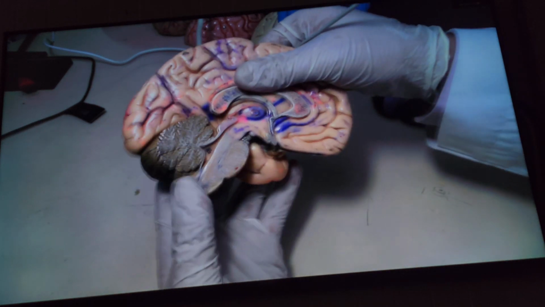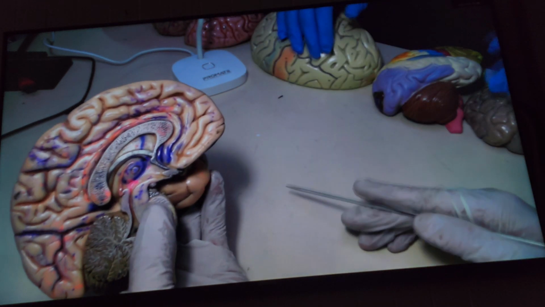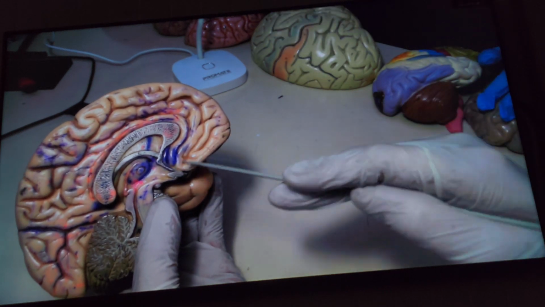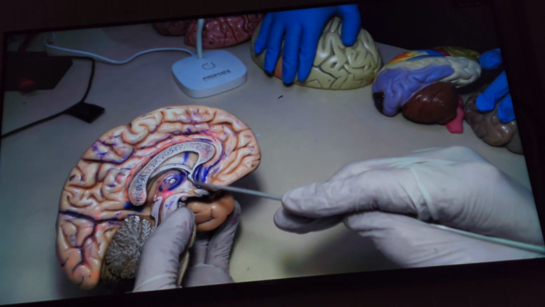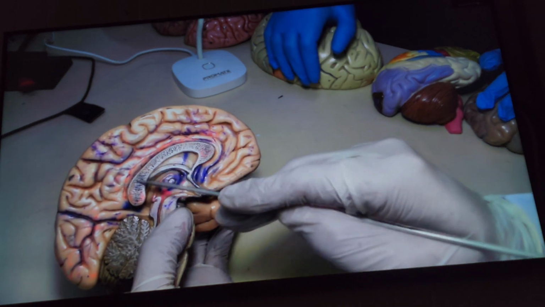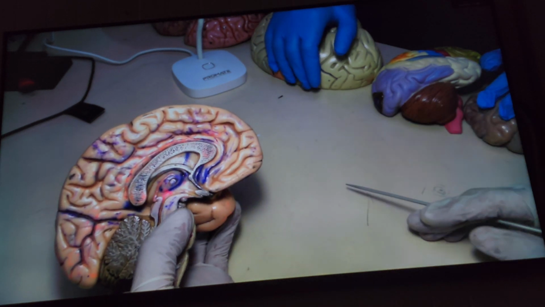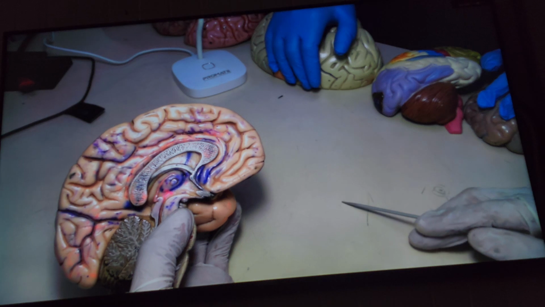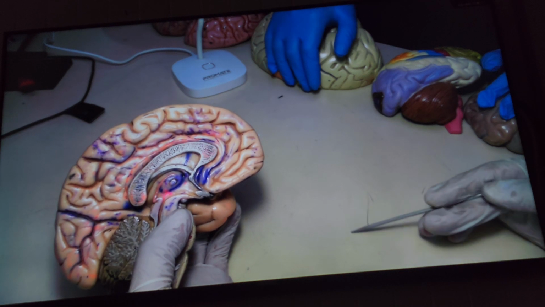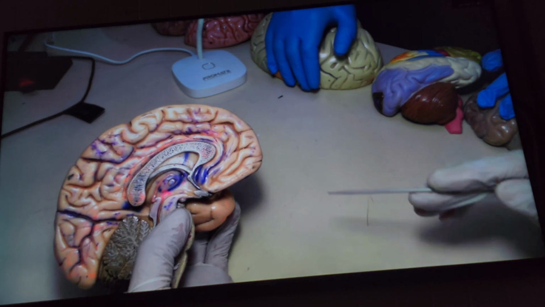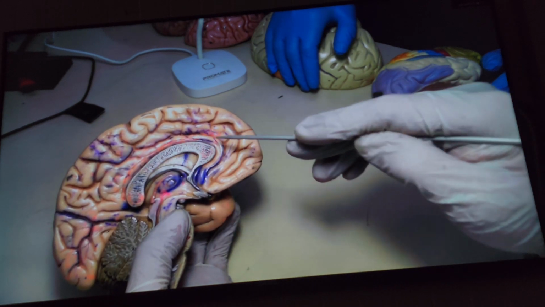What about the medial aspect of the cerebral hemisphere? On the medial aspect, we can see an important structure which connects the two cerebral hemispheres and is regarded as the commissural part of the medullary center, and this is called the corpus callosum.